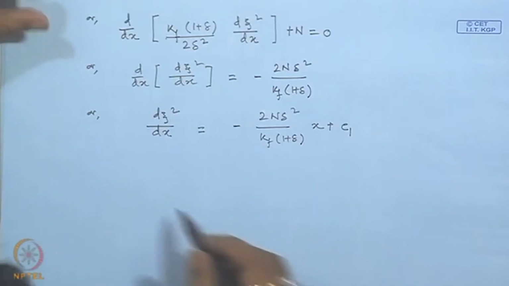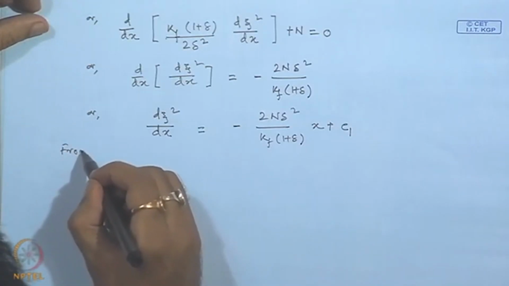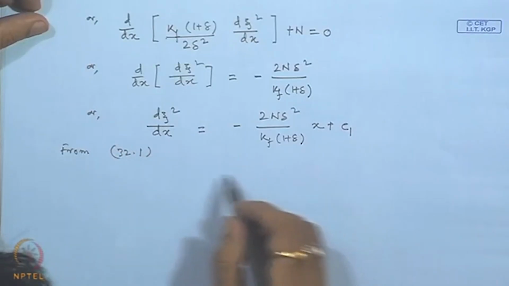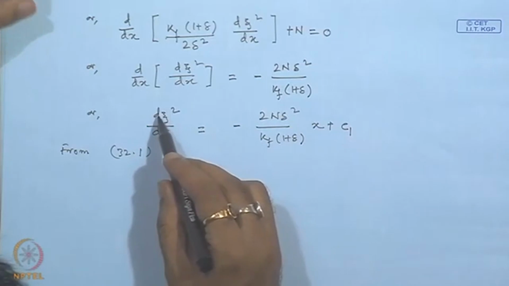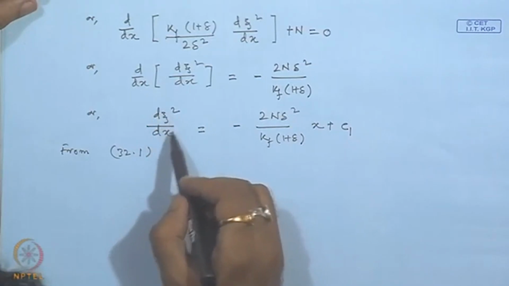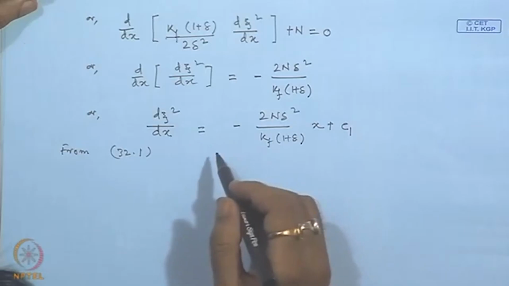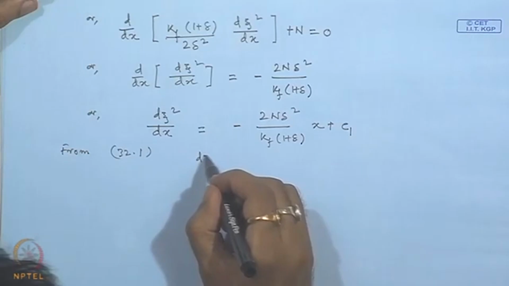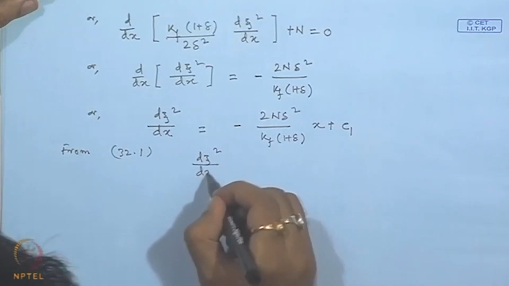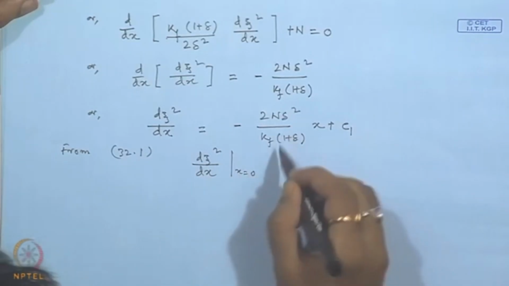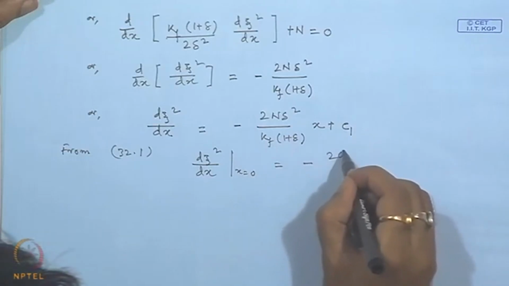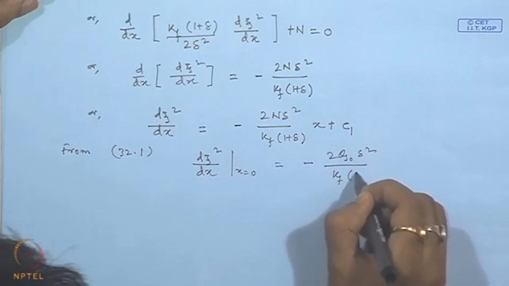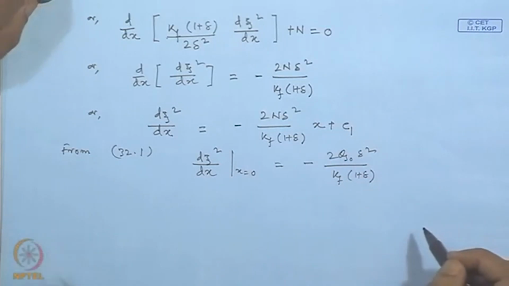So, from our relationship from 32.1 we have seen that d of xi square by dx at x equals to 0 is equals to minus 2 Qf delta square by Kf (1 plus delta).